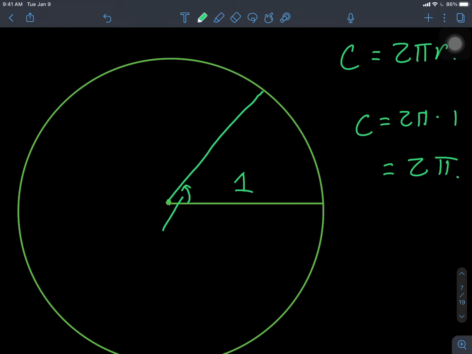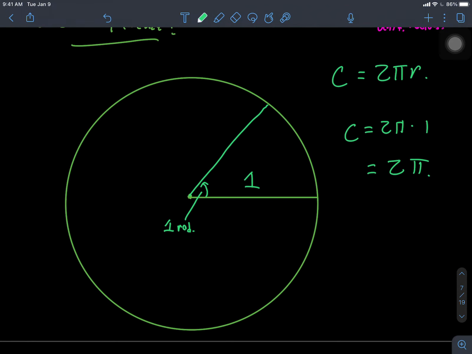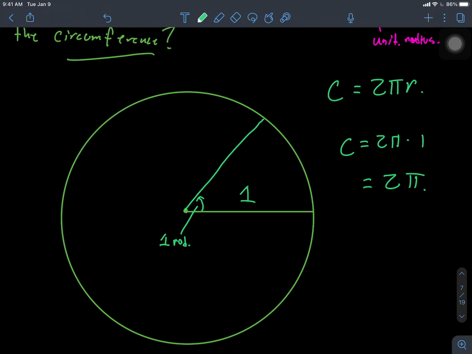We call this angle 1 radian. Then the amazing thing is that this length, my pizza crust here, basically, will be 1 unit.